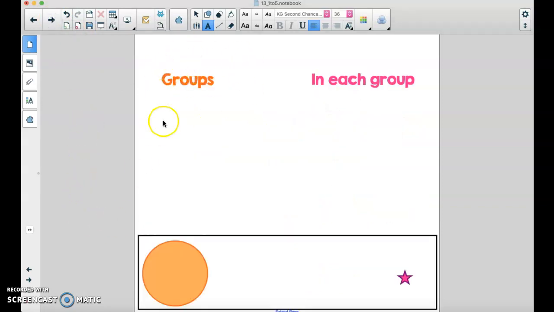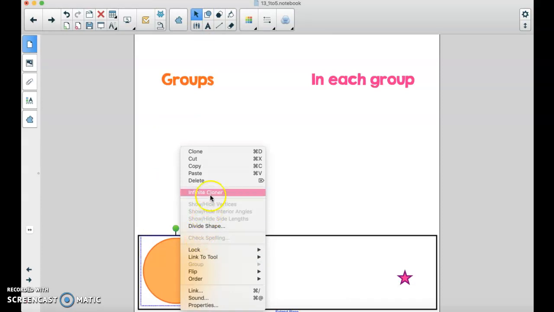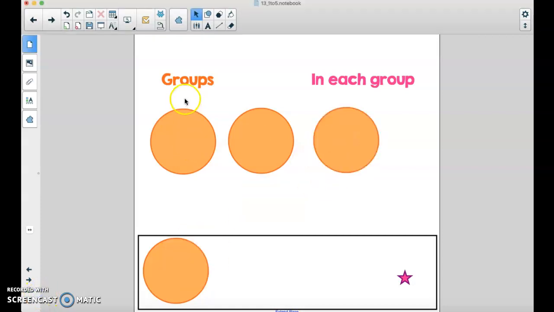So it's just like thinking of groups and in each group. So if I, whoops, sorry about that. If I have groups, I tried to match the groups with the orange here. There we go. Let's say I had 3 groups. So the groups right here are orange.